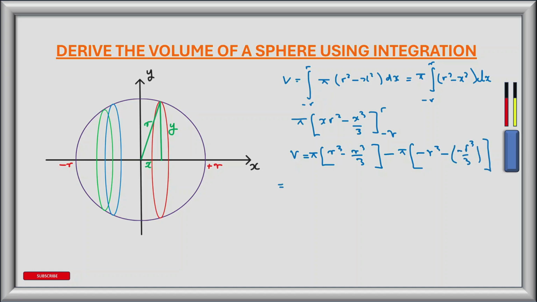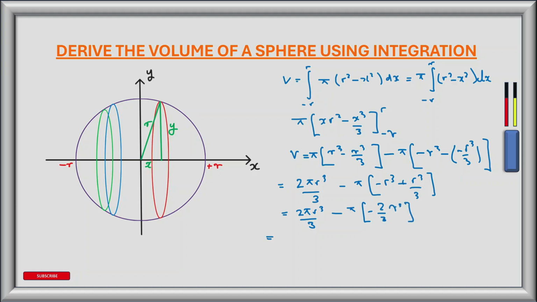So this gives us 2 pi r cubed divided by 3 minus pi multiplied by minus r cubed plus r cubed divided by 3, which in turn gives us 2 pi r cubed divided by 3 minus pi multiplied by minus 2/3 r cubed.